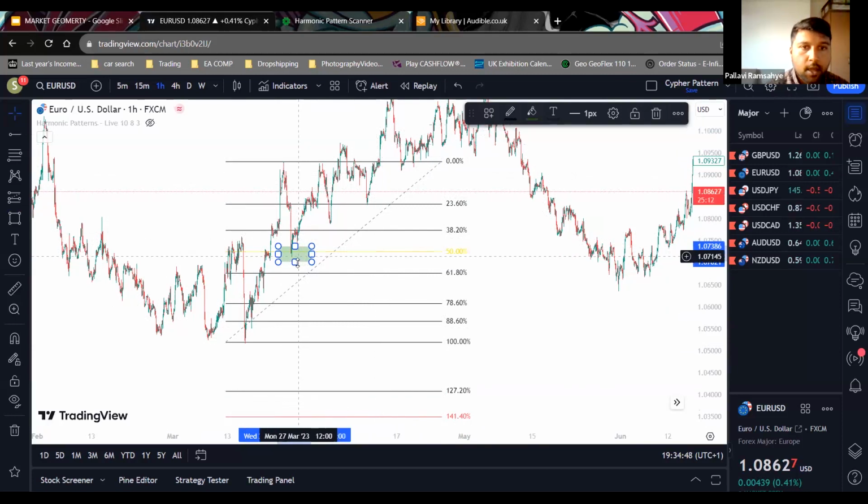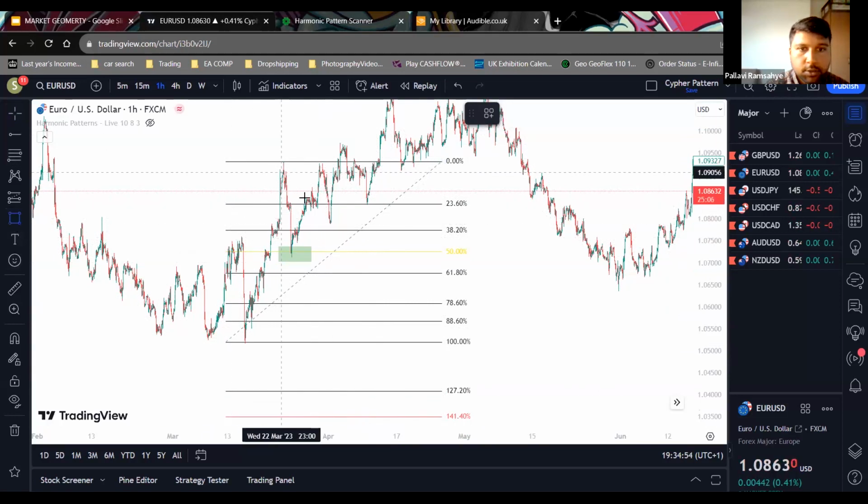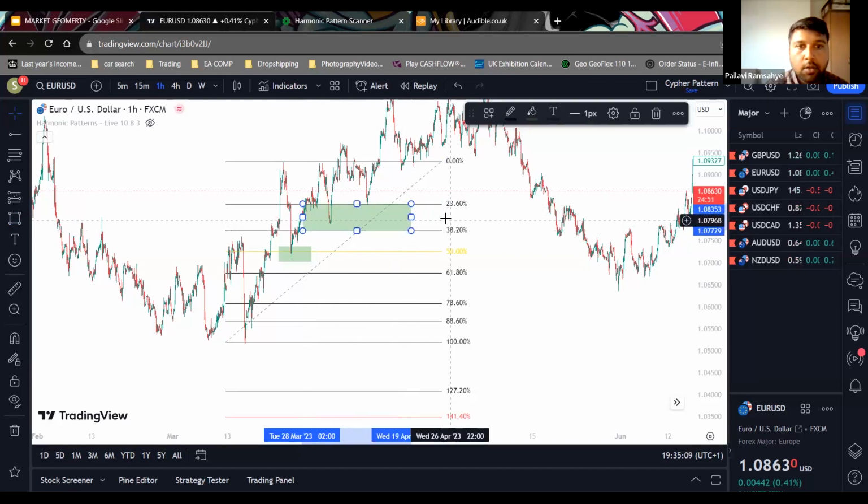And then it has retraced again, and it has come down to almost the 38.2%, between 23.6 and 38.2%.